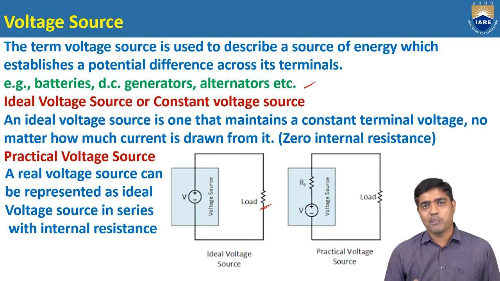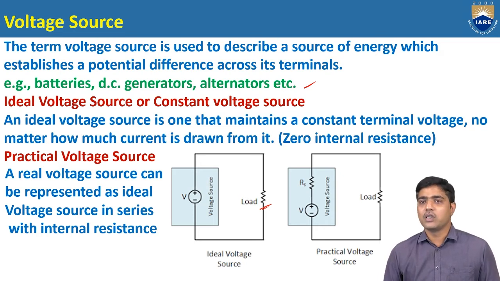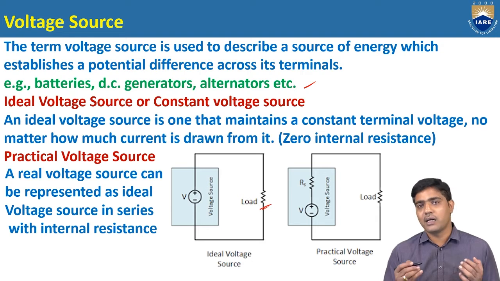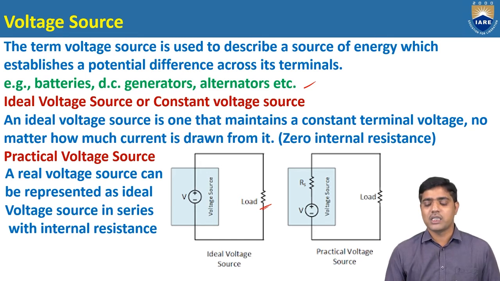But if you take a practical voltage source, whenever you represent it in a circuit, the voltage source is always connected with a small value of resistance, which is called series resistance. So in practical voltage sources, there is always a small value of resistance connected in series with the voltage source.